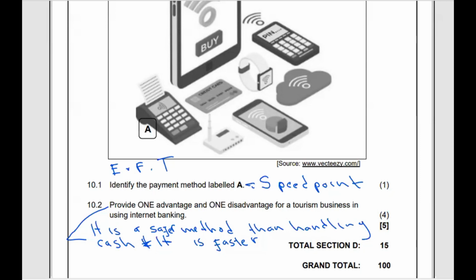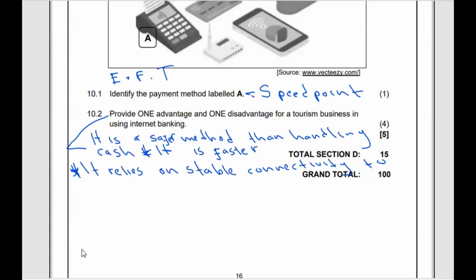But the disadvantage is that it relies on stable connectivity to the internet. So it relies heavily on stable connections to the internet.